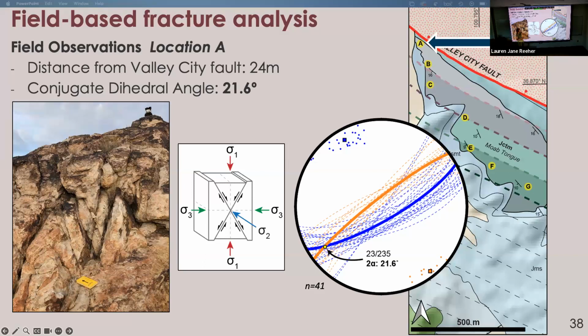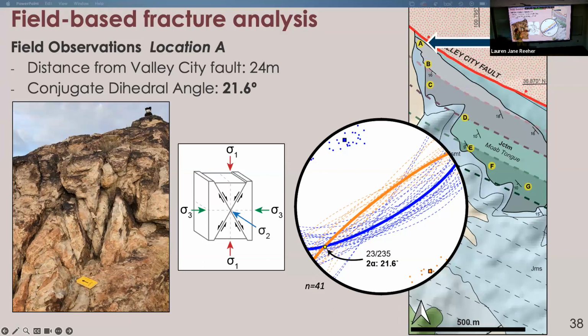And it also has a normal orientation. The acute bisector of the conjugates is the orientation of sigma 1, sigma 2 tracks the intersection line, and sigma 3 tracks the obtuse angle. So this allows us to see the stress regime we're in, which here looks like a normal stress regime with a highly acute dihedral angle.